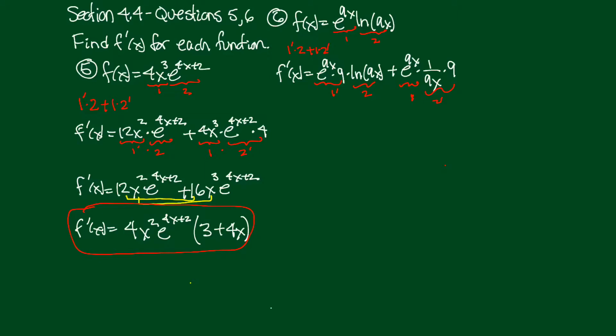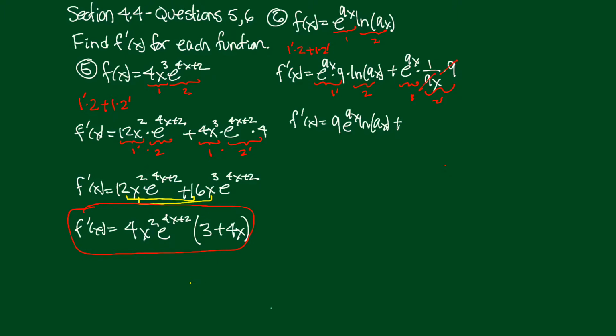Now let's simplify it using some algebra. So let's see. In the first case, I think we're going to have, I'll just write it with that 9 coming out first, e to the 9x ln 9x plus, what happens here? Well, the 9's will cancel. And it looks like we'll just get e to the 9x times 1 all over x.